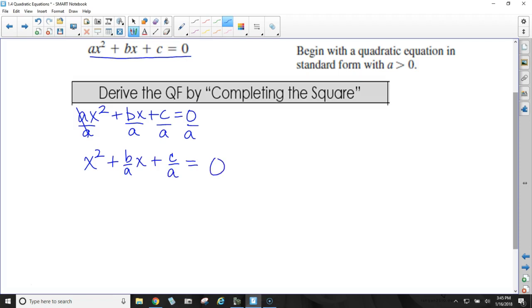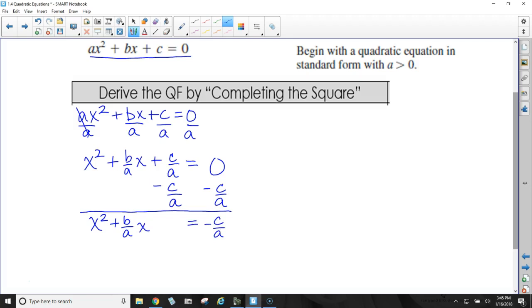The next thing we do is we move the number out of the way, subtract c over a from both sides. So now we have x squared plus b over a x equals negative c over a.